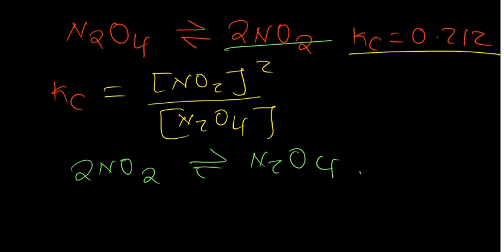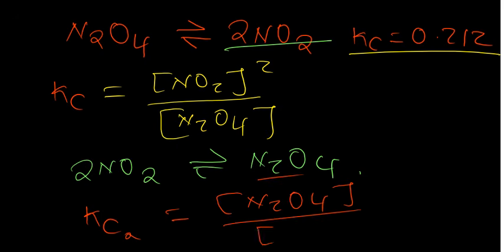Then I'll do the same again for the other one. This time around I have just that as my what? And on my products I have the same NO2, the power 2.